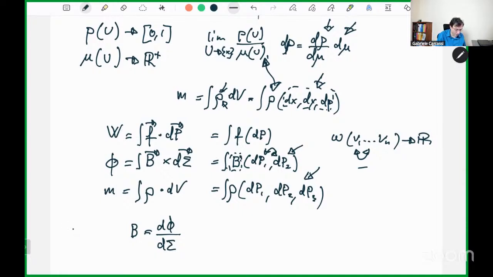My force, I can think of as the infinitesimal contribution to the work over the infinitesimal displacement, and my mass density is going to be my infinitesimal contribution to the mass over my infinitesimal volume, right?